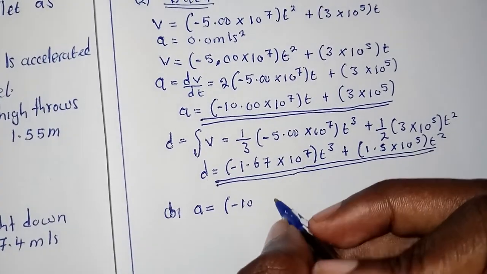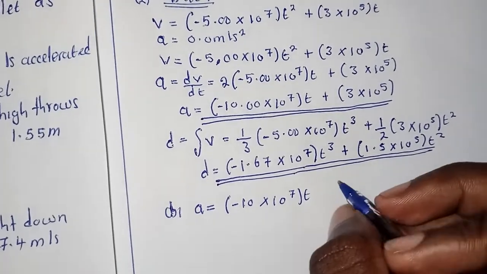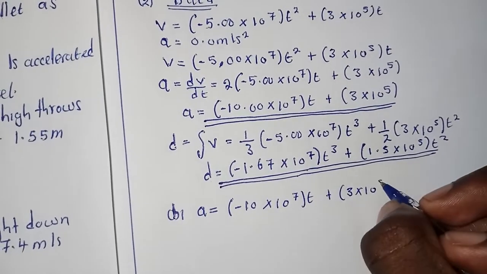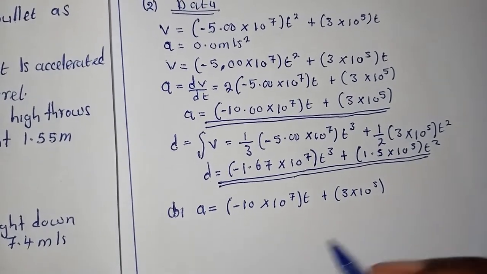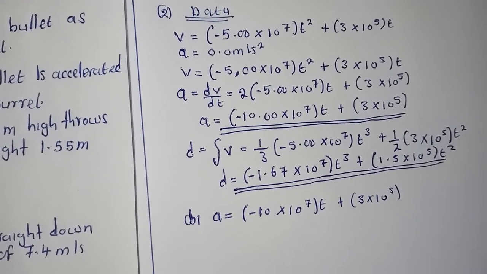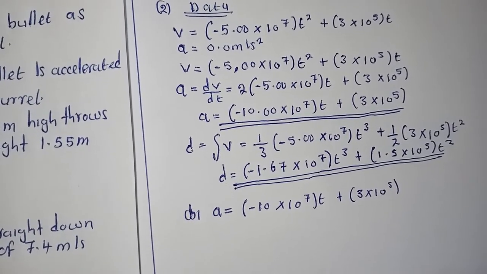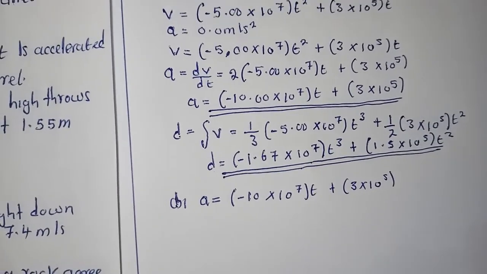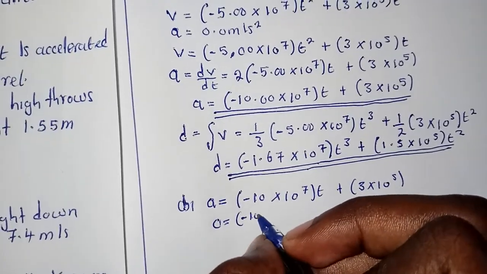It was negative 10 multiplied by 10 to the power 7 t plus 3 multiplied by 10 to the power 5. Remember, in the first place, we're told that the acceleration just as the bullet leaves the barrel is 0. So since the acceleration is 0, we put 0 here and write this out.